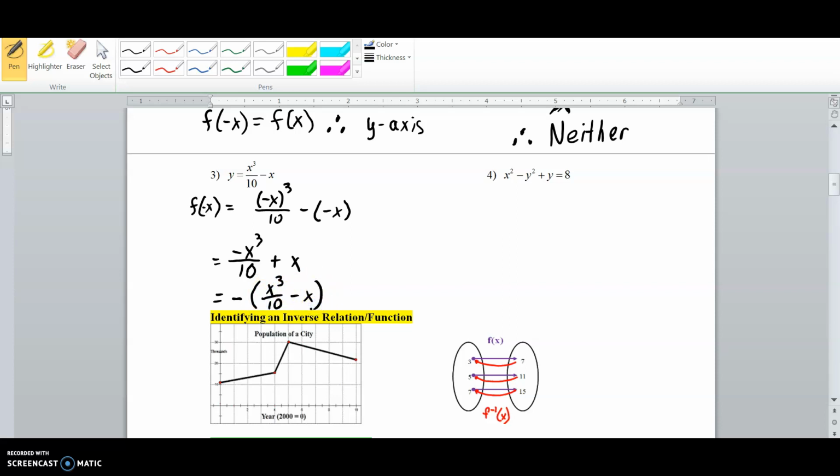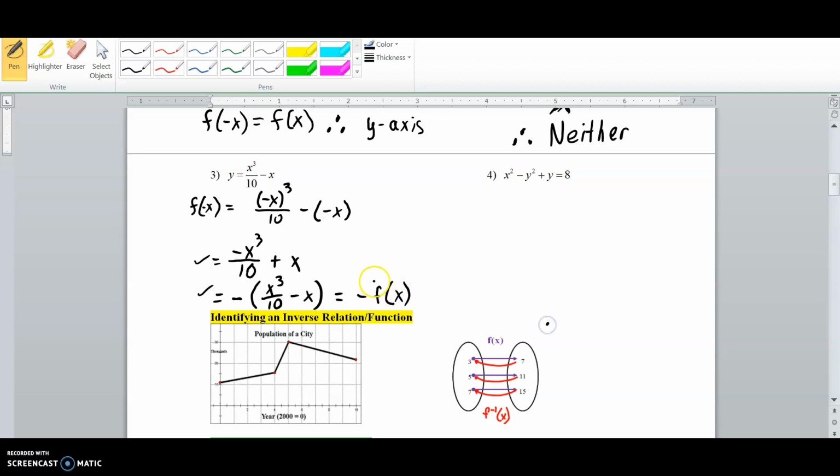And if I do that and I put a negative sign clear out front, then I distribute the negative sign, and what happens is this fraction is negative, and this negative, the negative here is positive. So from here to here, all I did was hold the negative sign way out front. And the only reason for doing that is I'm trying to show you that this is the same as negative of the function f of x.